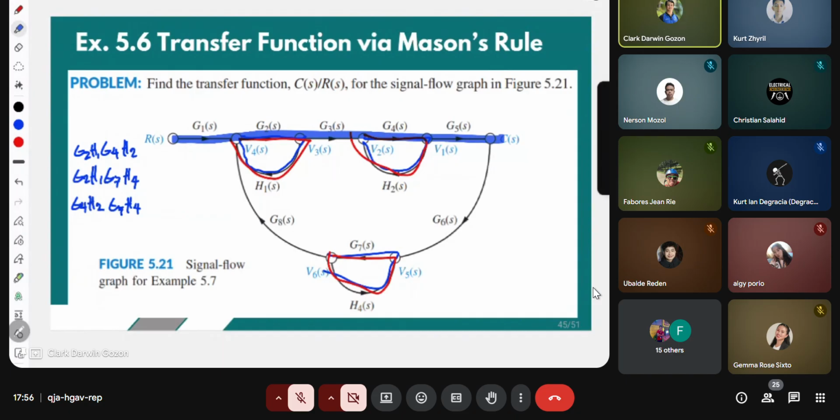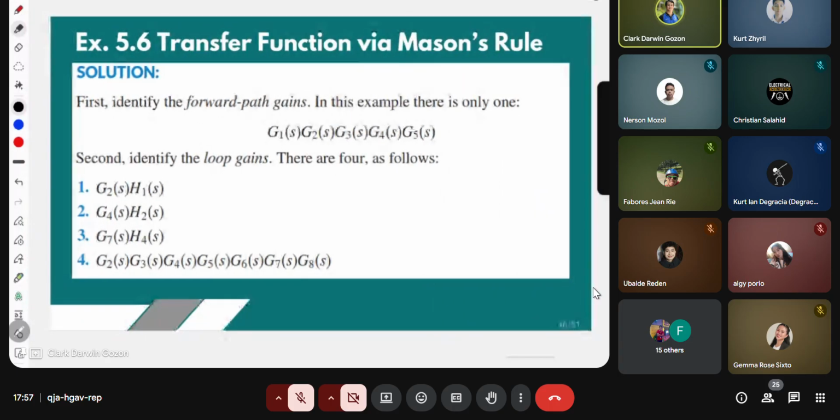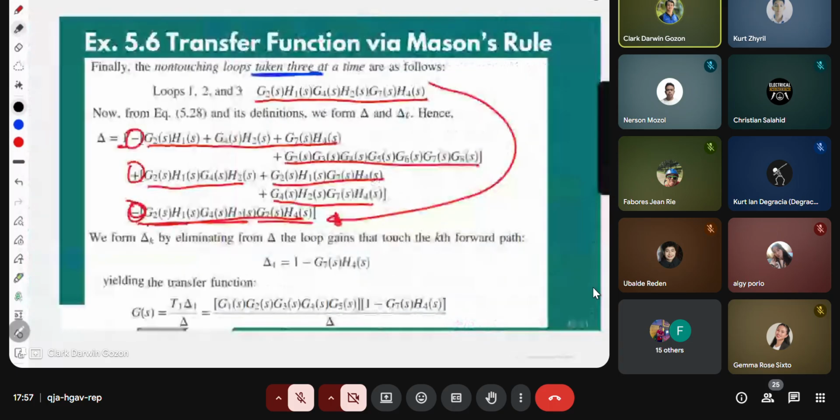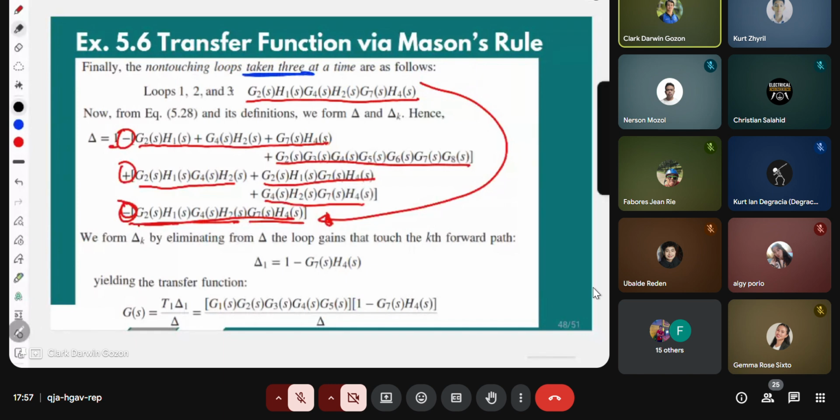Isa lang kabuok nga loop nga path gain ang wala ni touch kanilang G7H4, which is mao ni siya atong dapat i-apil dito sa ato ang delta K. So, kung balikan na to, ato ang delta K or delta 1, no, is kanang wala ni touch sa ato ang forward path.